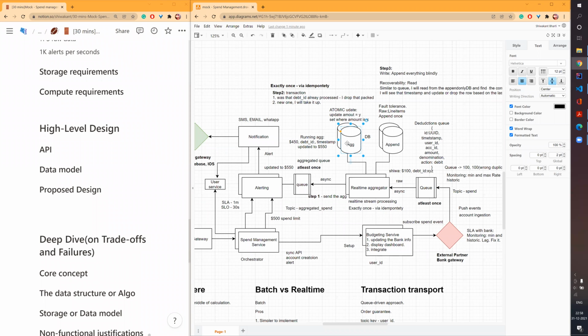Come again. I would propose not to update balance at all, because we do not need to update balance with each new transaction.